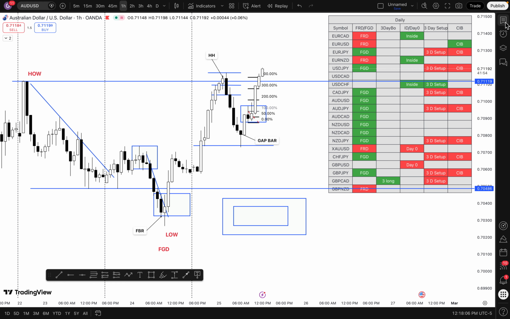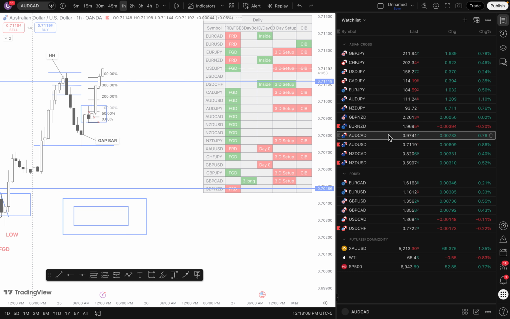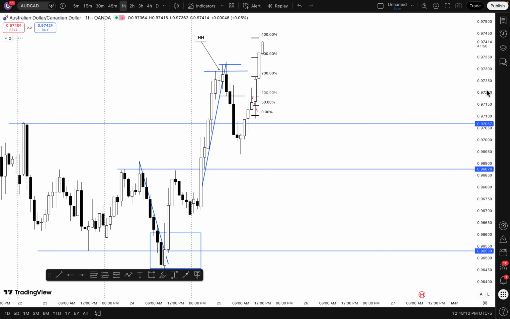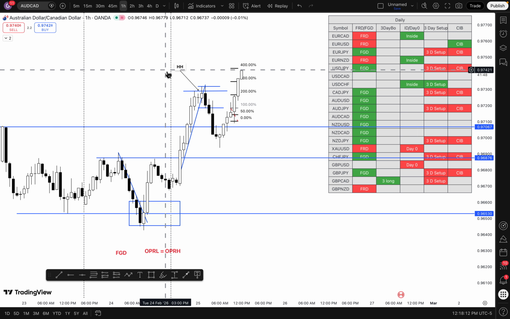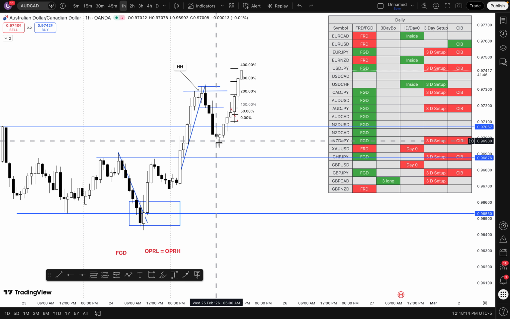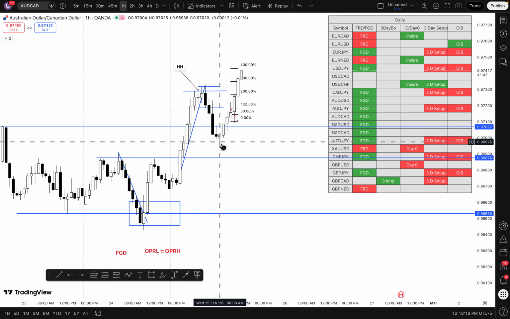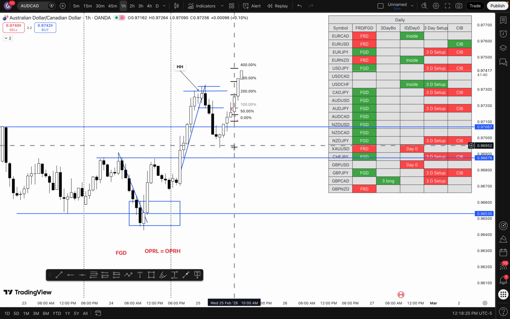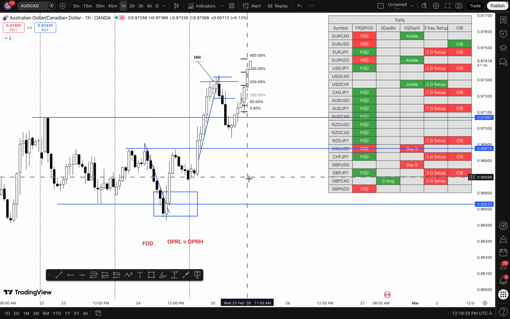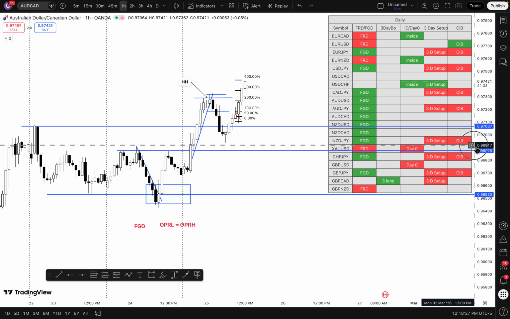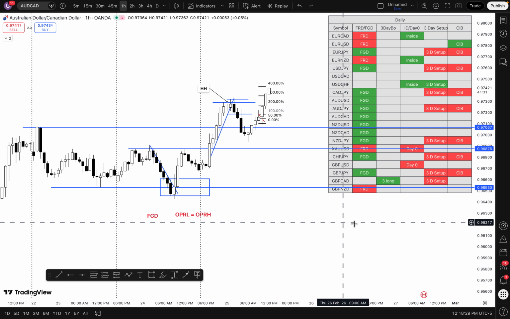Aussie CAD, the same thing. Check my community posts. The same setup. Higher highs must be made for a dump and a pump. I took the reversal in London and I still took the buy setup in the US session because I understand the way the market should position itself on an FGD.